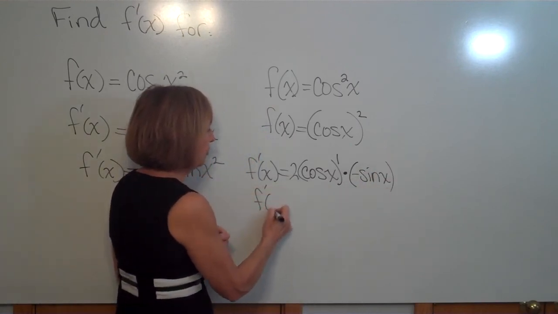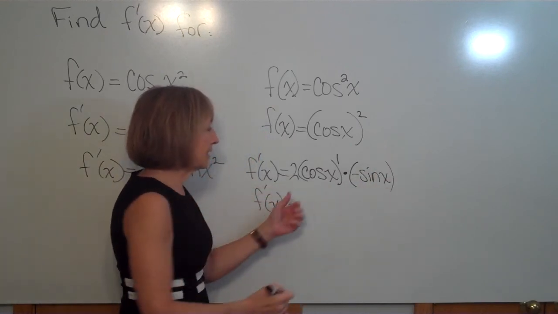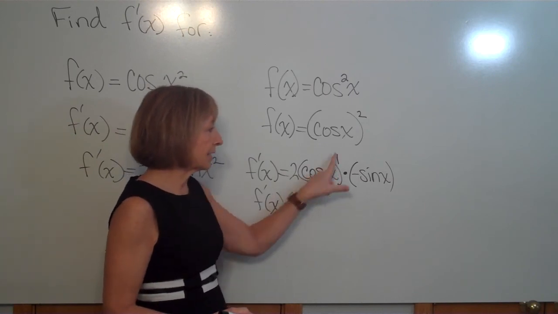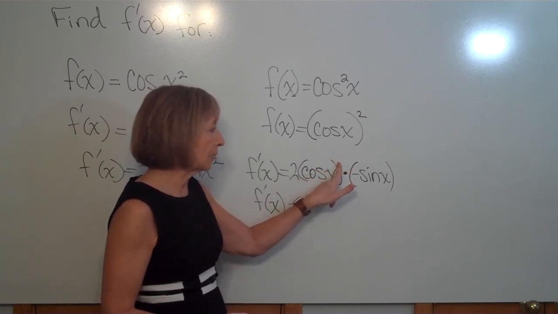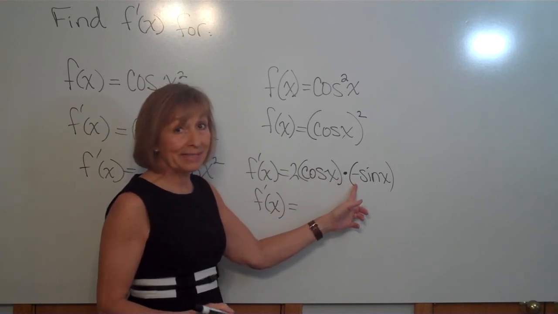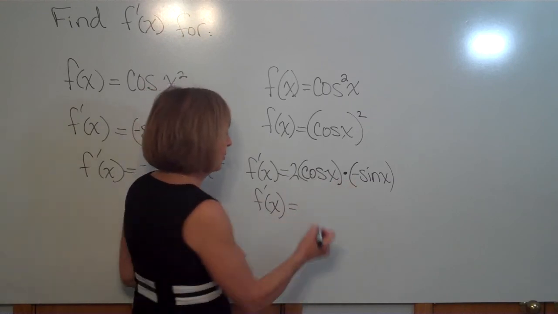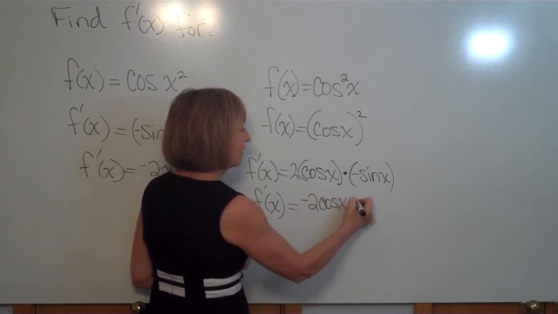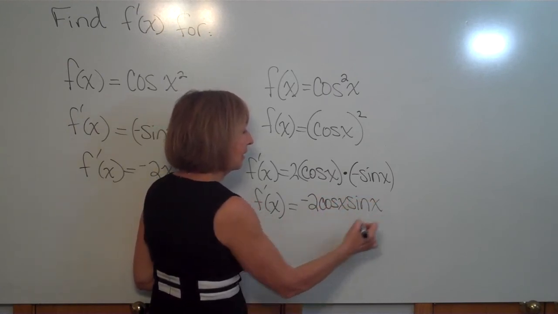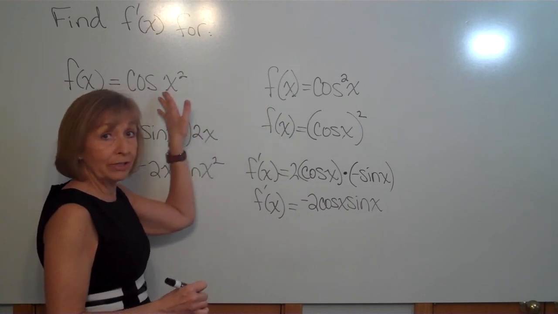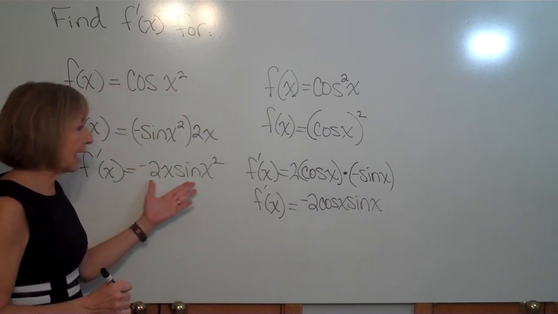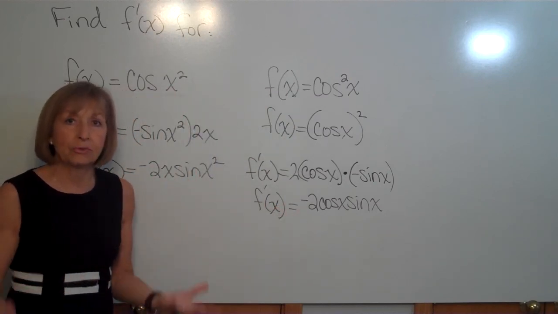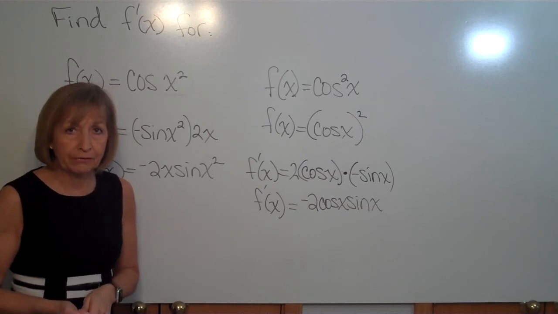And when I do the simplification, this is 2 times cosine x. I don't need to put the 1 power on it anymore. And then times negative sine x. So that'll be negative 2 cosine x sine x. So notice, completely different functions, and I did get unique derivatives for those two different functions.